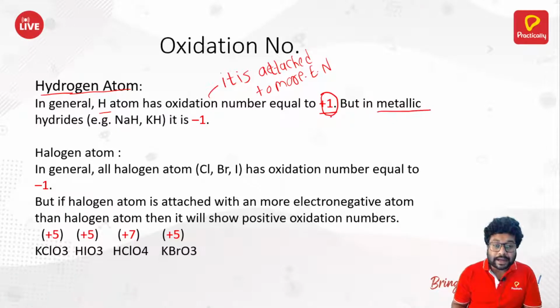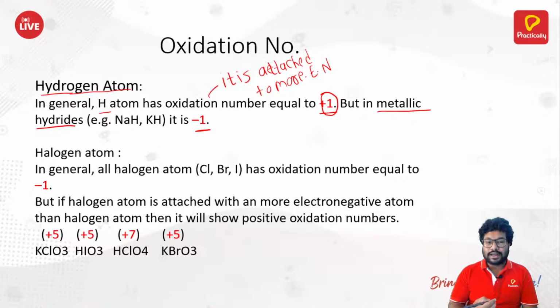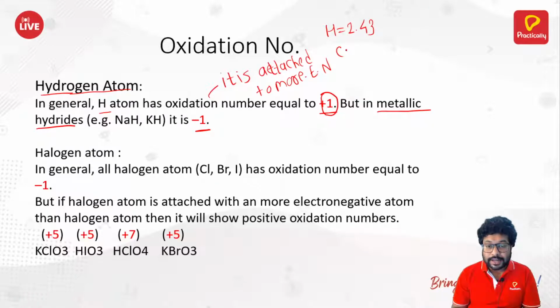But in metallic hydrides, the hydrogen's oxidation number has to be -1, because you might have seen in the periodic table that hydrogen is kept just above the alkali metals. But in reality, that is not a real position of hydrogen, because hydrogen's electronegativity is 2.43, and carbon's electronegativity is 2.50.